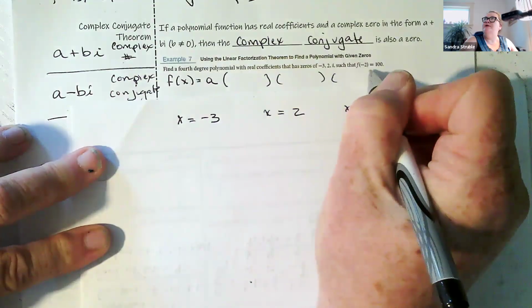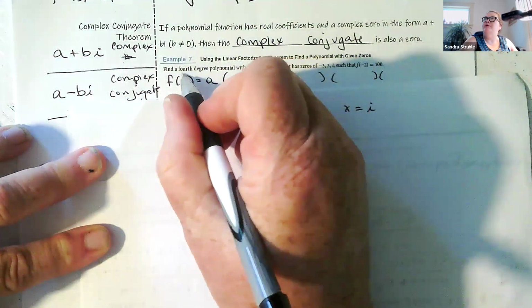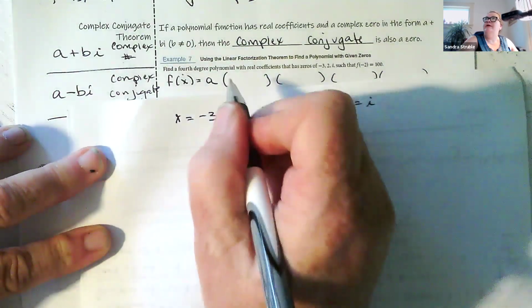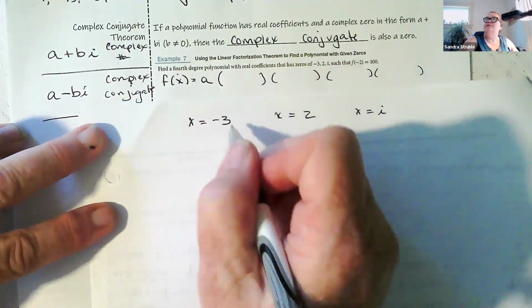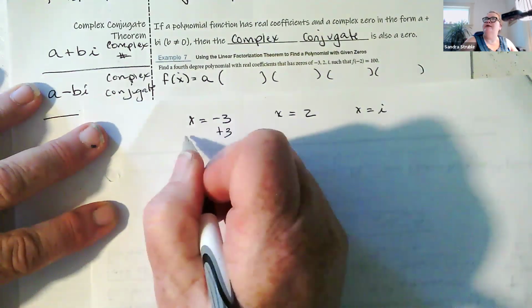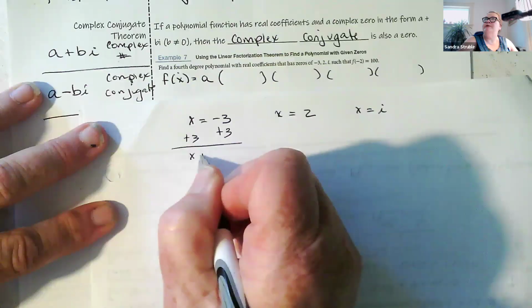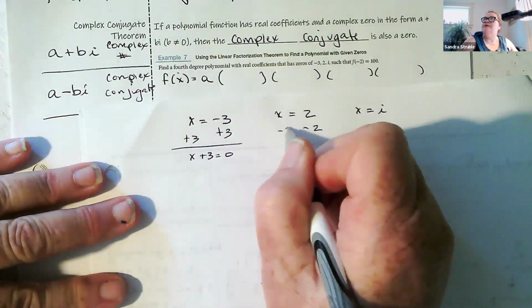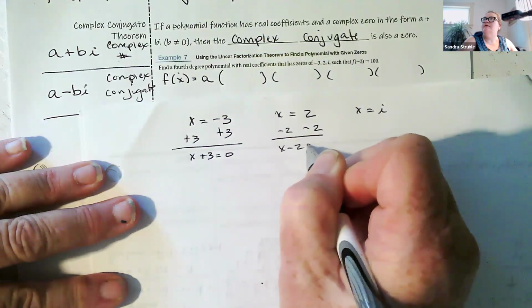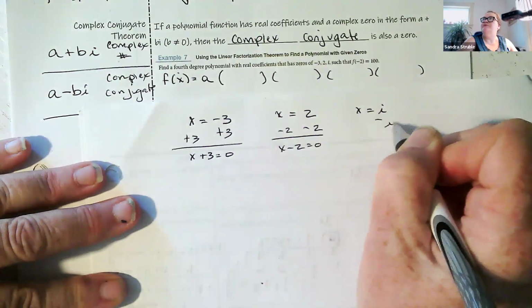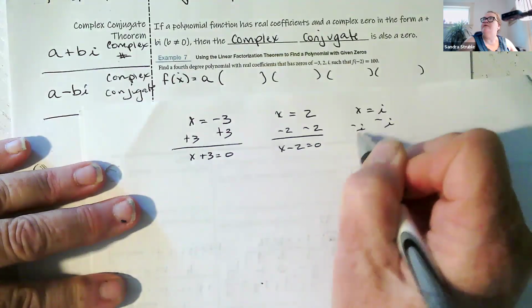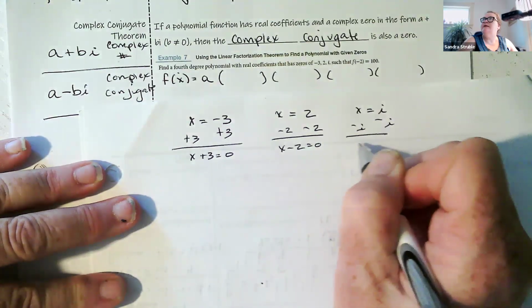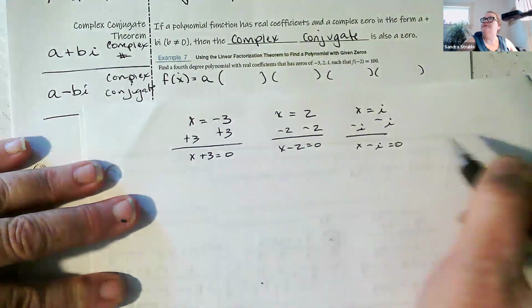We're going to need 4 because we know we have a 4th degree polynomial. All right, so it's going to be this one. We're going to add 3 to both sides to set it equal to 0. This one we're going to subtract 2 from both sides to set it equal to 0. And this one we'll subtract I from both sides to set it to 0.